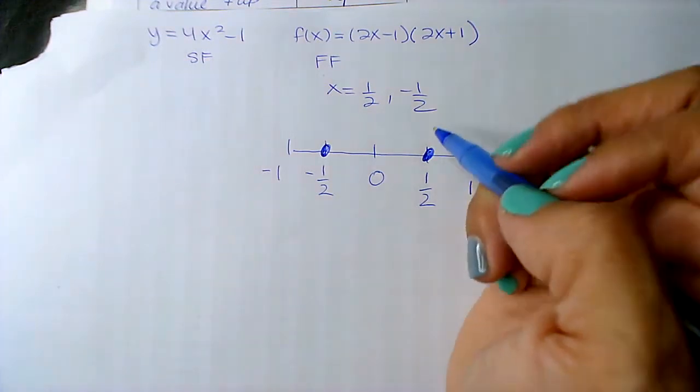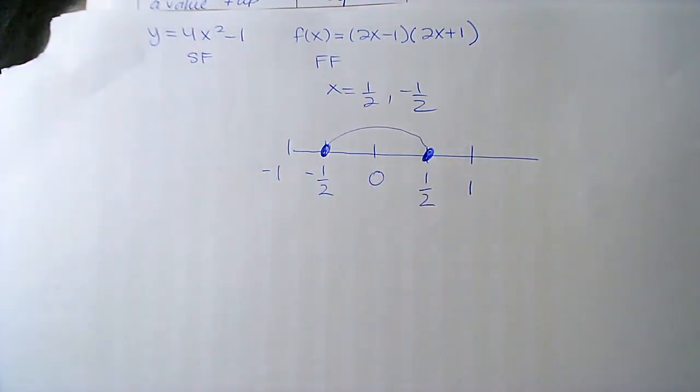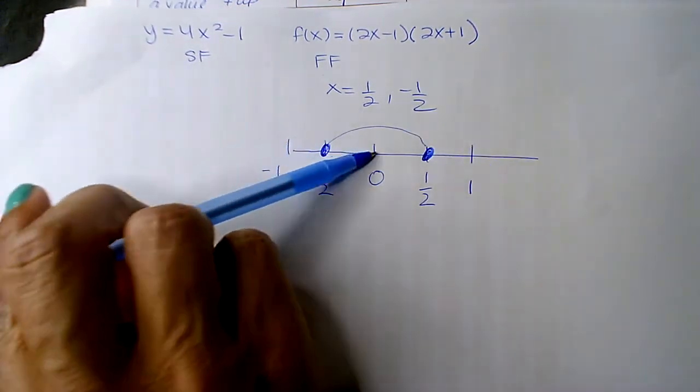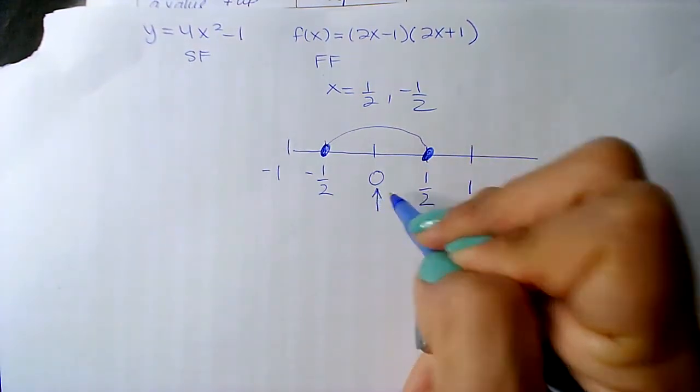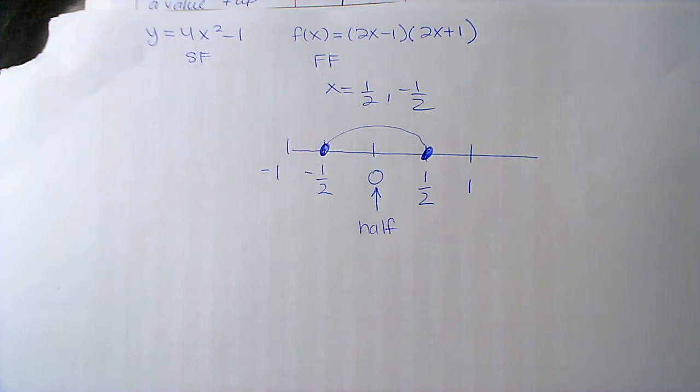So if they're together 1 unit apart, what's half of 1 unit? A half. So you either go a half from the right or a half from the left. Either way, 0 is your halfway number. It's pretty intuitive. You're at the positive and the negative, so 0 is the halfway mark.